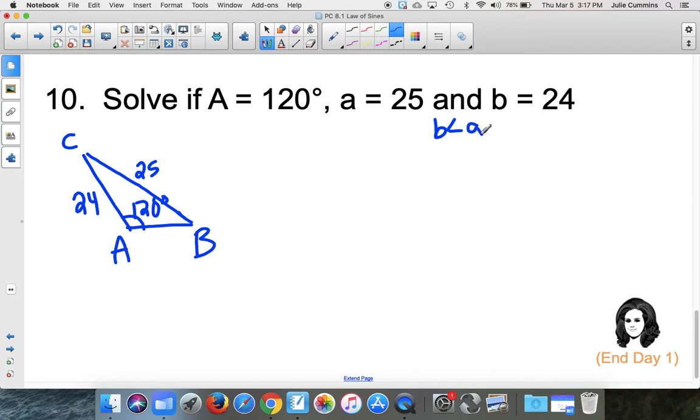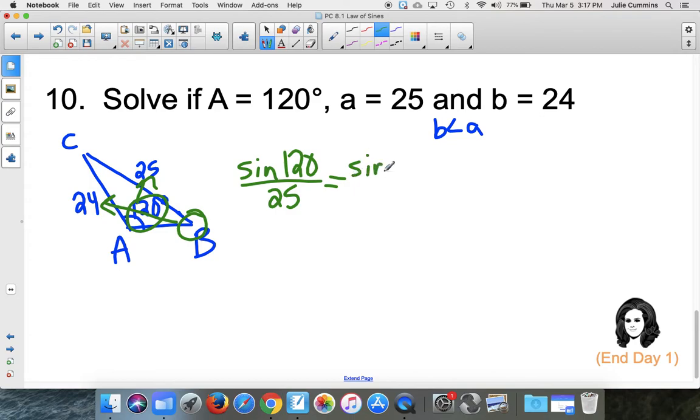So you can go ahead and jump in with the law of sines. These are the two that pair together that you know. So sine of 120 over 25 equals sine B over 24. Okay, we actually don't have to cross multiply on this.